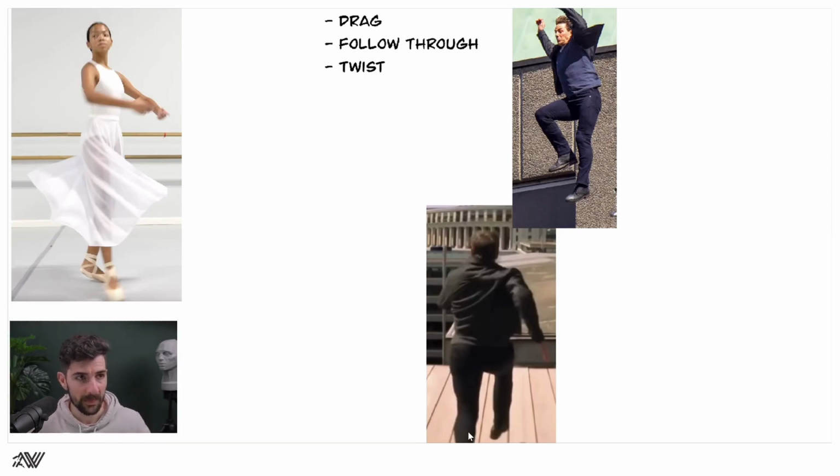When we look at the ballet dancer, one of the most obvious principles that we can see is twisting. This will happen a lot when we're moving, when we're running, when we're jumping, when we're doing a pirouette like this, we'll twist our bodies. Our axes will change, and that will create a twist in the body, whether it's any part of the body or the entire body.